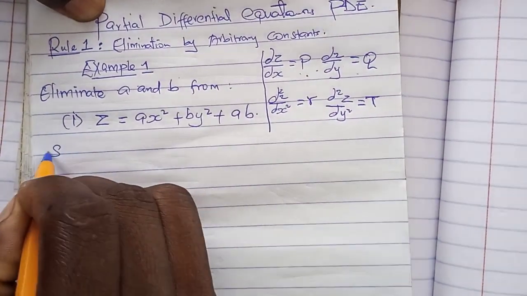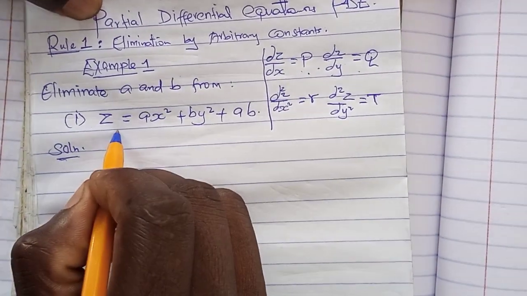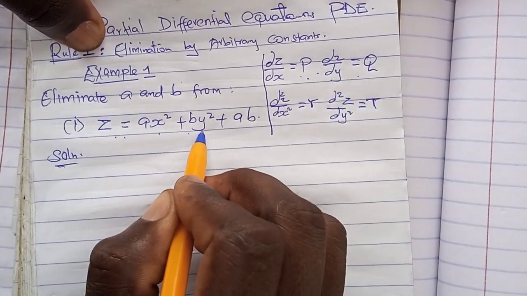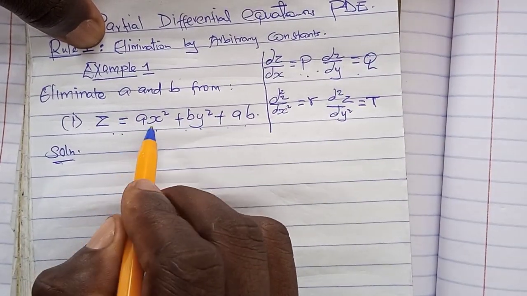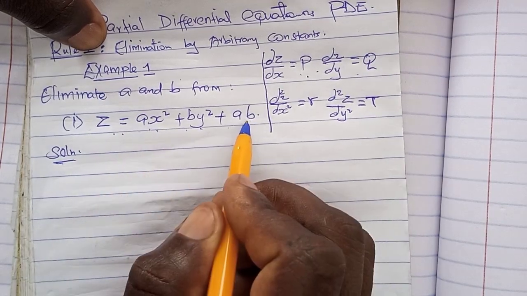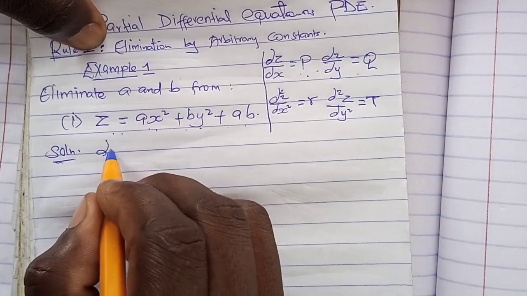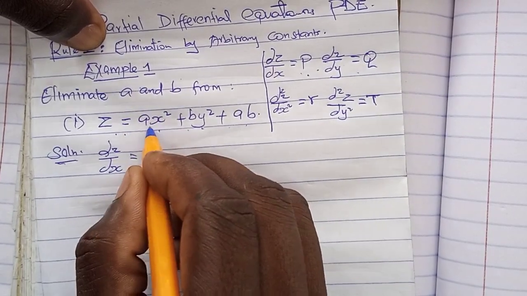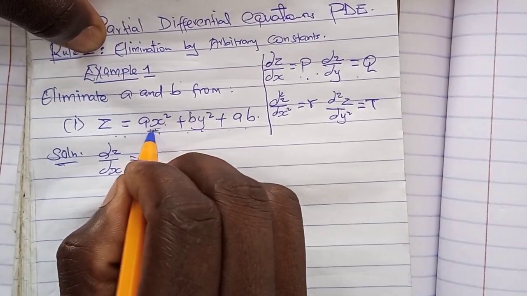So our solution of this equation is Z equals AX squared plus BY squared plus AB. Now we will partially differentiate this equation with respect to X and Y. Partial Z over partial X: if we partially differentiate by X, it affects only this term.